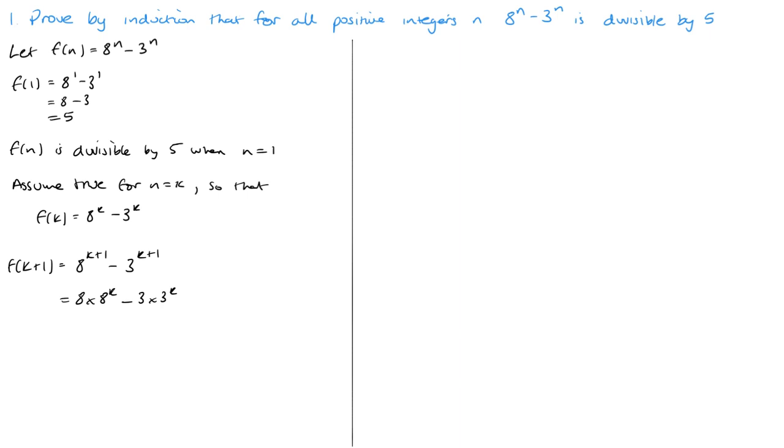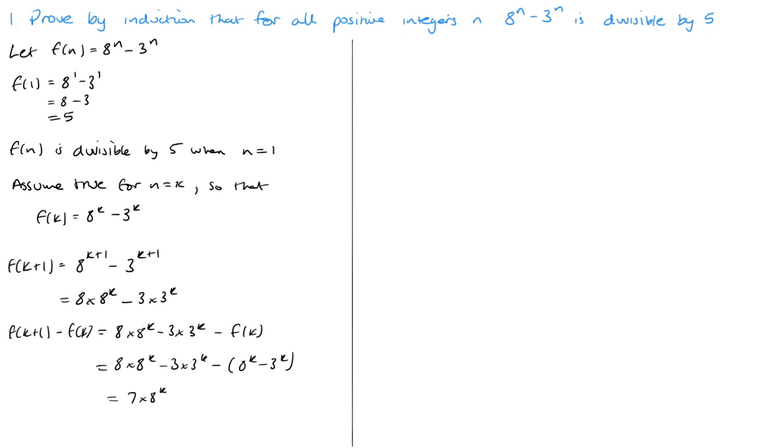Now, subtracting f of k from both sides. So if I take away 8 to the k, I'm going to get 7 8 to the k's.